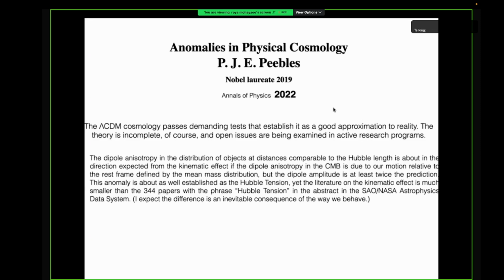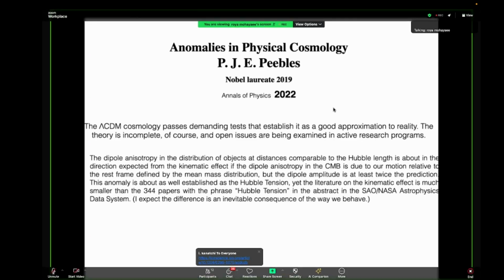I don't know where it is now; I think it's probably still lingering there. And then there is the asymmetry in the fluctuations, but this asymmetry is not really aligned with what we are seeing actually. So I think the directions are different.